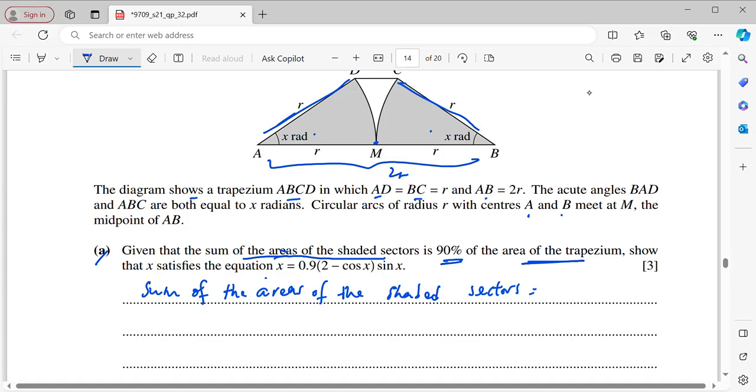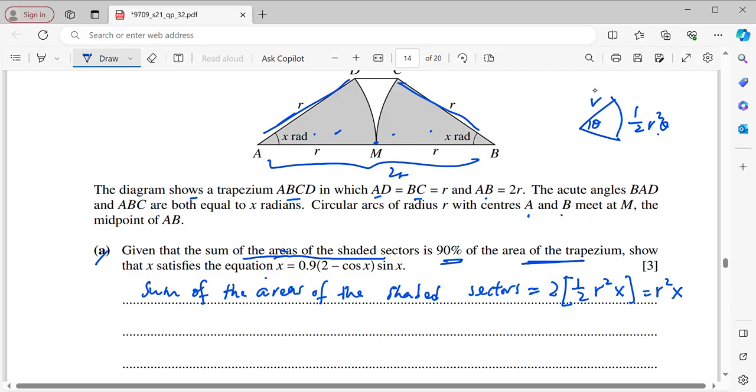Now it will be, because there are two here, 2 times the area of the sector, which is actually half r squared theta. Let's say this is theta, this is r. So now you just need to change the theta into x. So I will get r squared x.